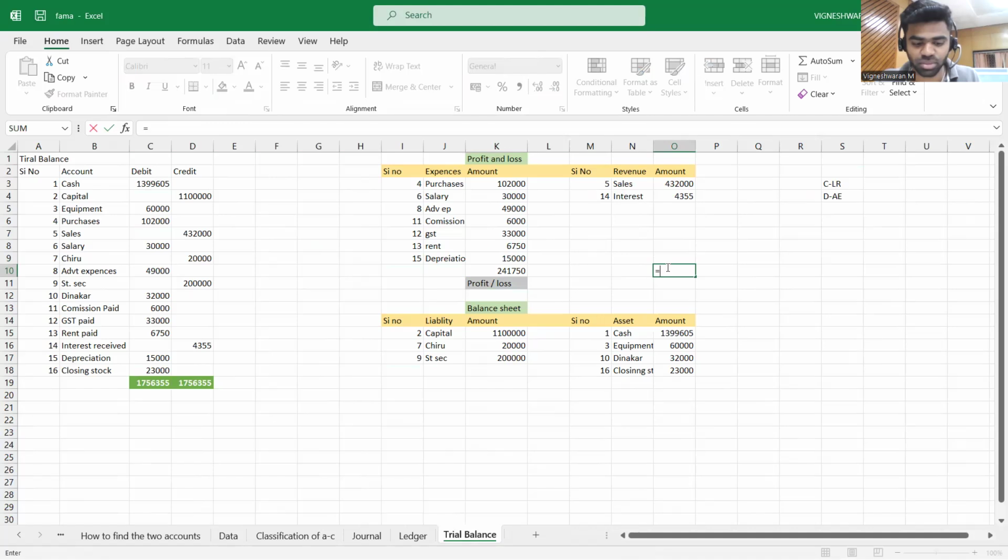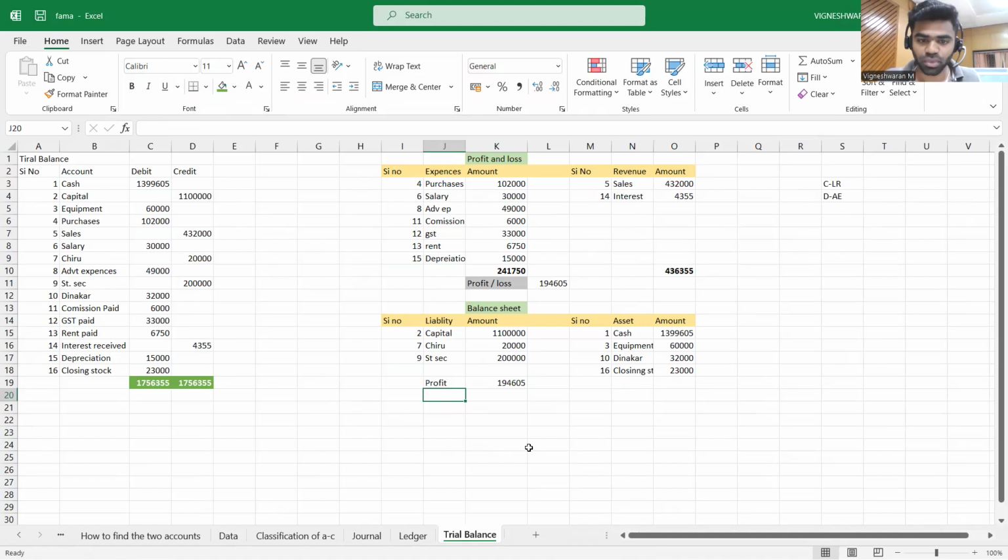Now I am going to take the sum of this one, and the sum of this one. Profit or loss is equal to revenue minus expense. Now we have to put this profit and loss here. The profit is 1,94,605. If you don't know what I'm doing, go and watch my trial balance video, where I have solved this question.